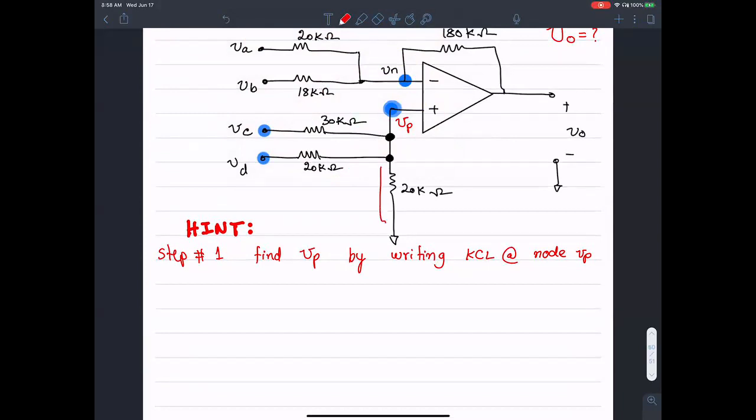If you think about it, there's only one way in which the current can flow in this resistance, but you don't have to assume that direction. You can choose any direction that you want. So tell me, what direction do you want to choose for the currents in the 30 kilo ohm resistance, the 20 kilo ohm resistance, and another 20 kilo ohm resistance here?